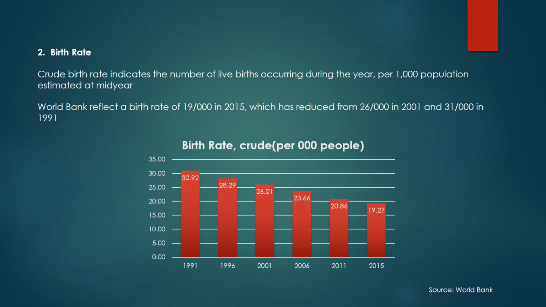As per the statistics given by World Bank, the crude birth rate in India has declined from 31 per thousand in 1991 to 26 per thousand in 2001 and to 19 per thousand in 2015.